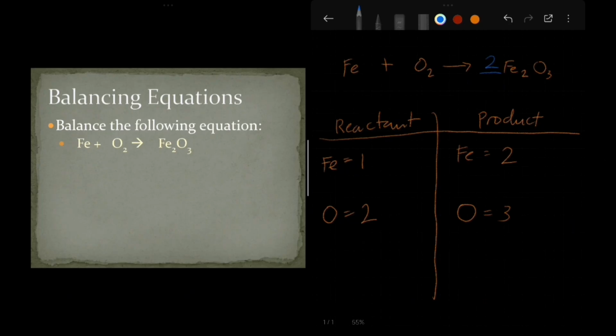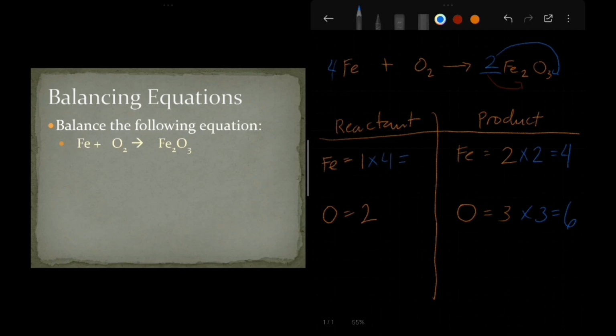So when you multiply 2 times 2, that will be 4. And then you multiply here again 2 times 3, that will be 6. So on the reactant side, it will now be easy for us to tell. So we can write here 4.